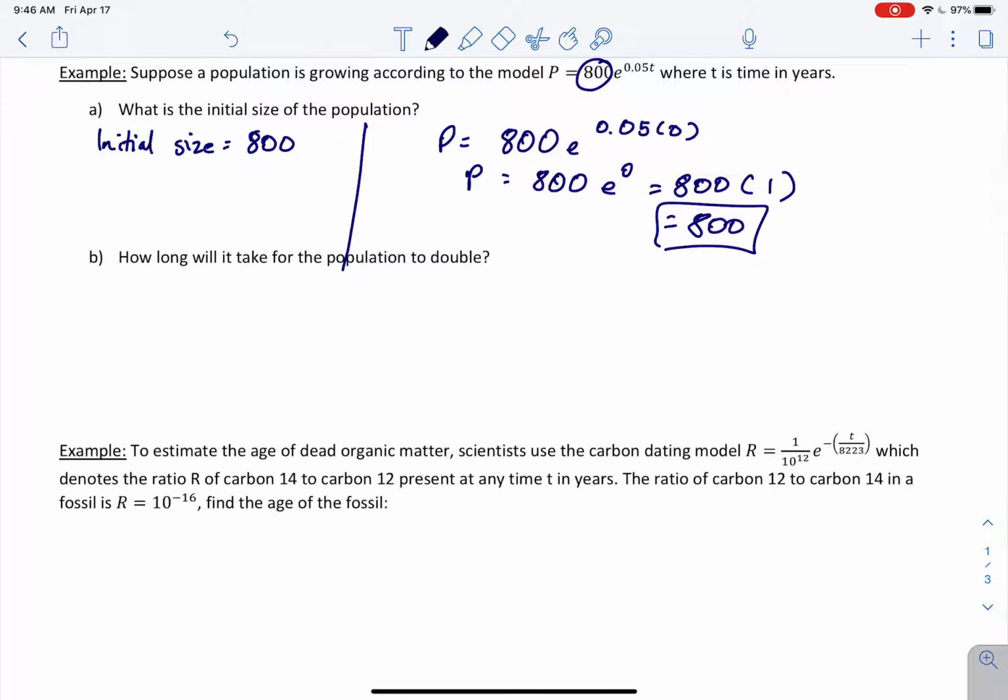Now we want to know how long it will take for the population to double. Again, there are two different ways you can do this. So one way is we know the initial is 800, so to double it needs to become 1600. So we can check when 1600 equals 800 e to the 0.05 t. And then we divide both sides by 800 and take a natural log on both sides.